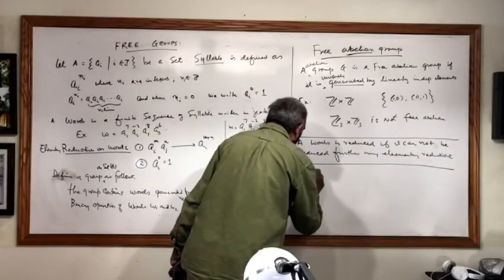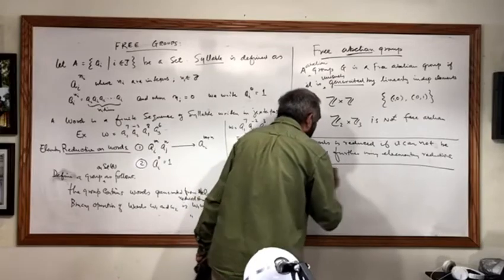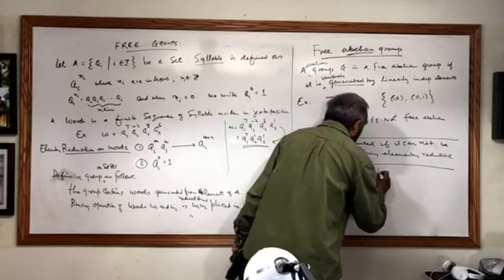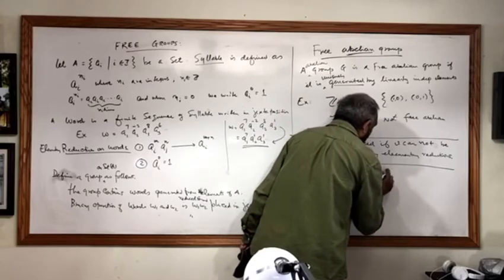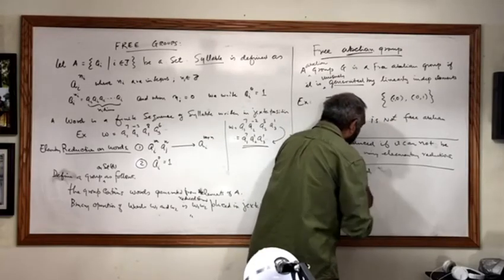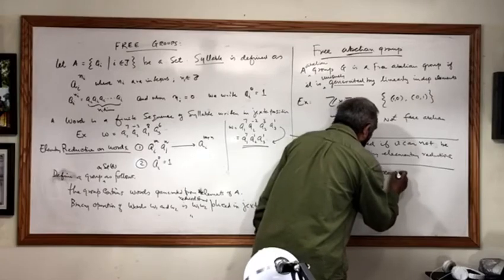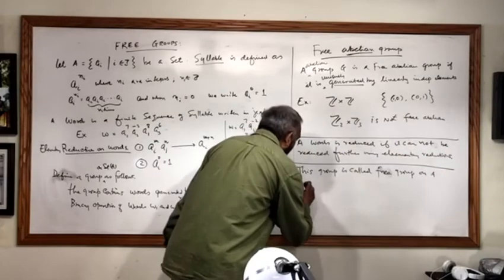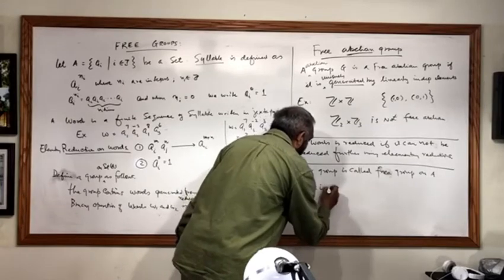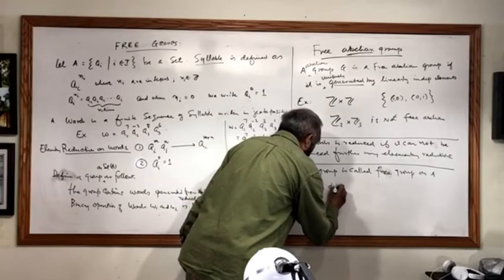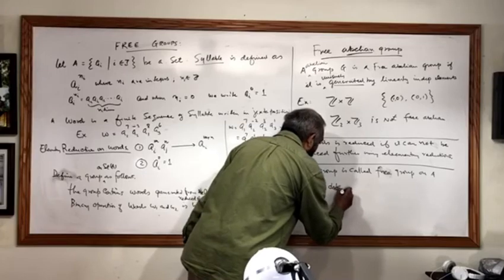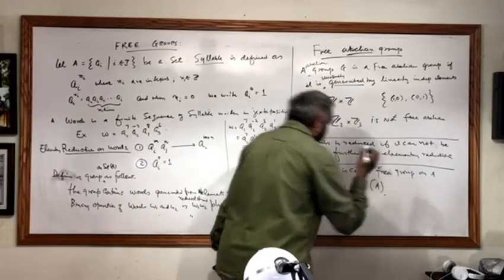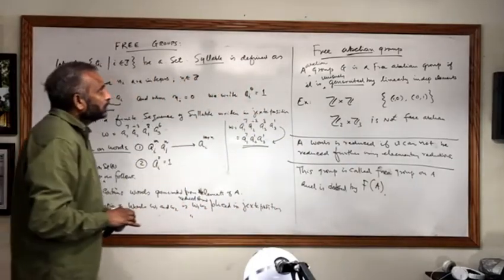This group is called a free group, is the free group on A and is denoted by F. So that is our starting point.